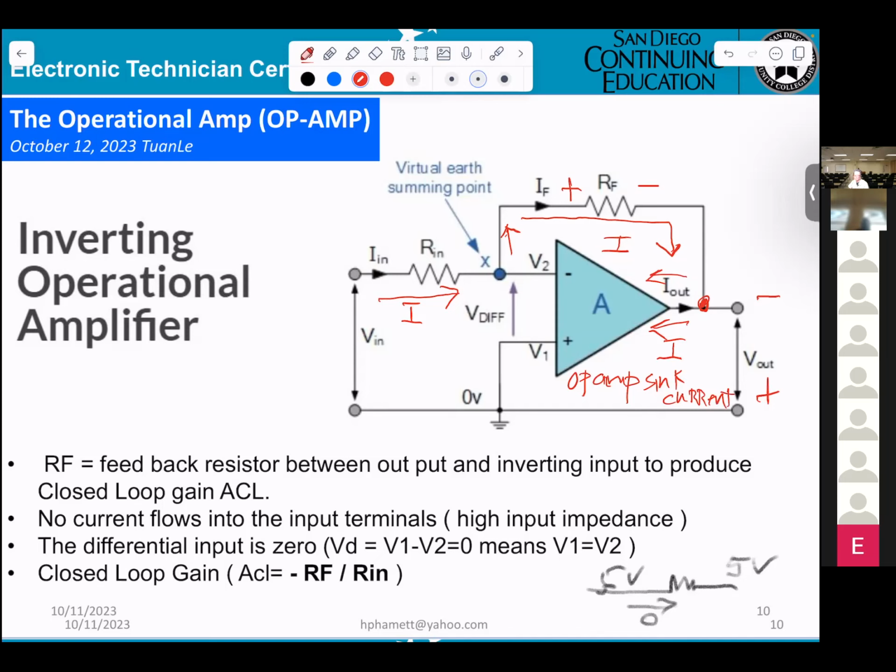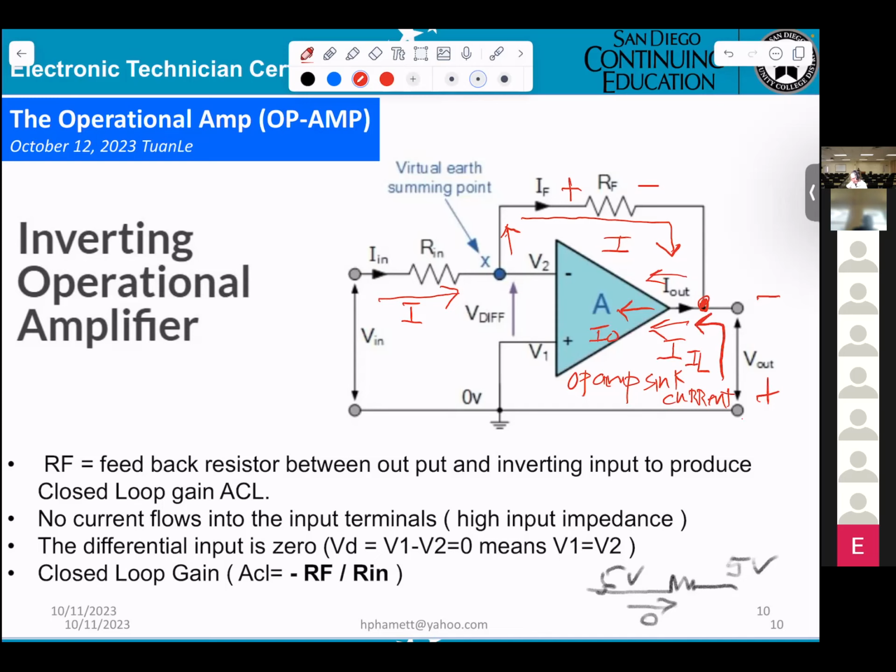Sink current means the op amp will pull the current in. Okay? And that current here, we call I out. Now, this is a positive, this is a negative. Also, you get the current flow this way. That's what they call IL, that means the load current.